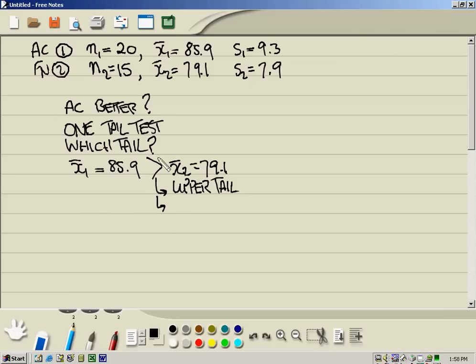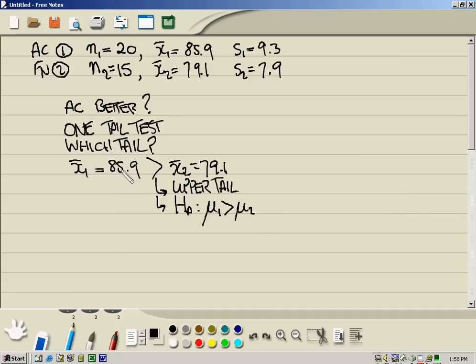Also, that same symbol, the greater than sign, will appear in the alternate. So the alternate becomes a population equivalent of this. Instead of the sample X bar 1 being greater than X bar 2, we do the population equivalent, which is mu1 being greater than mu2. Also note that whatever happens in the sample for a one-tail test, we put in the alternate.